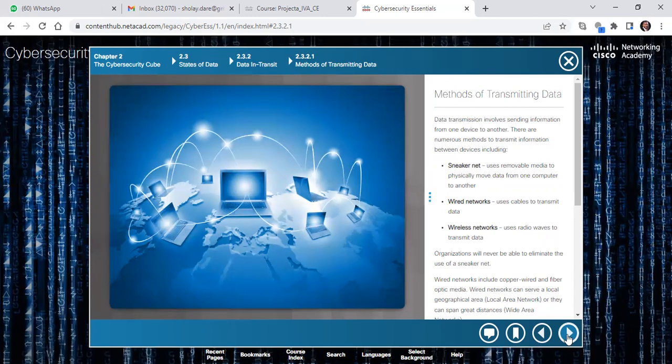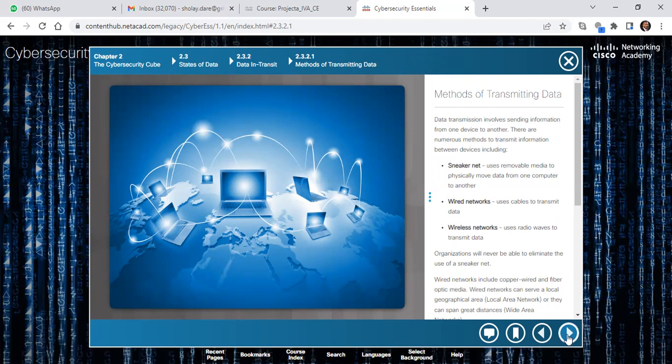Data transmission involves sending information from one device to another. There are numerous methods to transmit information between devices. So we're going to look at the methods. We have the sneaker net, we have the wired networks, and we have the wireless network.